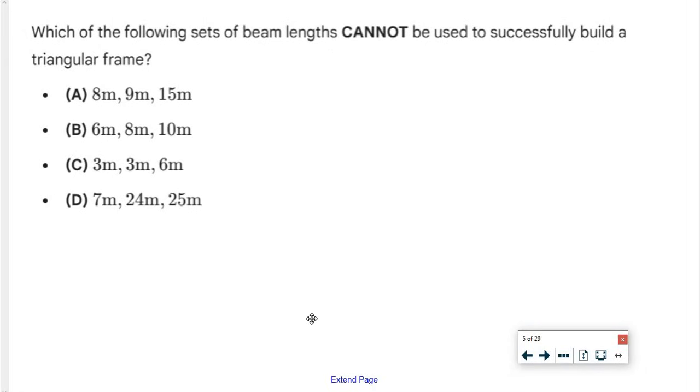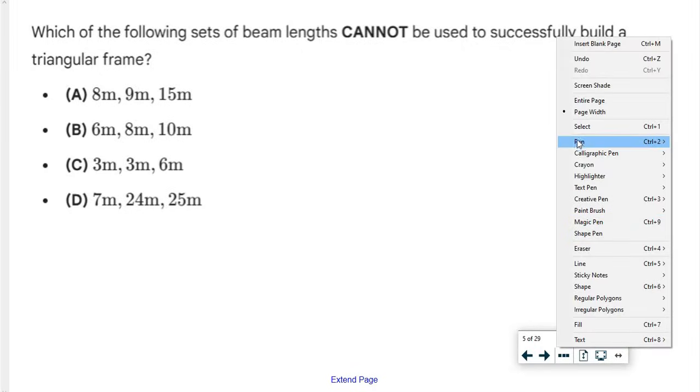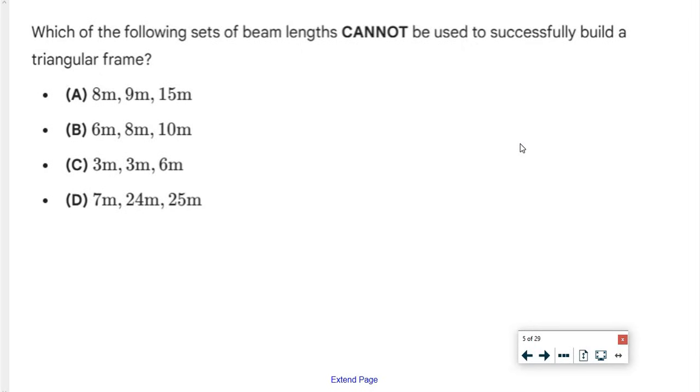Which of the following sets of beam lengths cannot be used to successfully build a triangular frame? I will just work out and show you the concept by using A and by using C so that you can note what we look for.